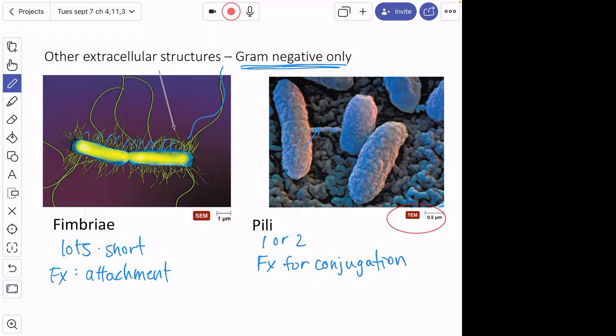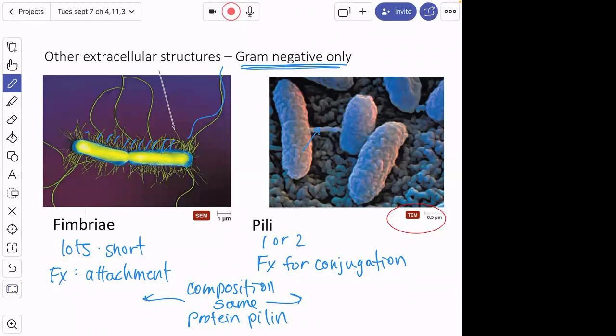The reason that we kind of mix these structures up a little bit is because the composition is the same of both pili and fimbriae. They're made of a protein called pilin. Okay, so whether you call it one or the other, we're not going to worry about that too much.